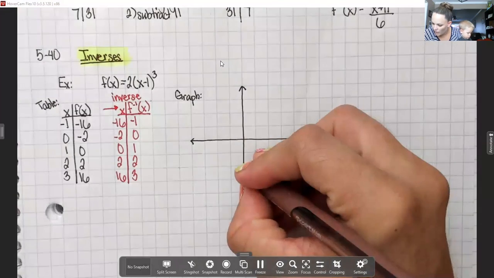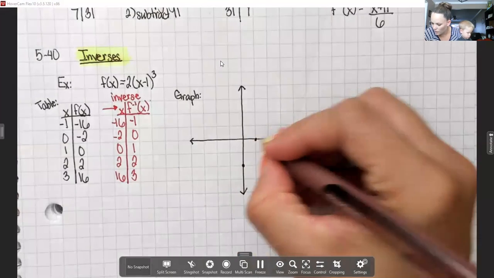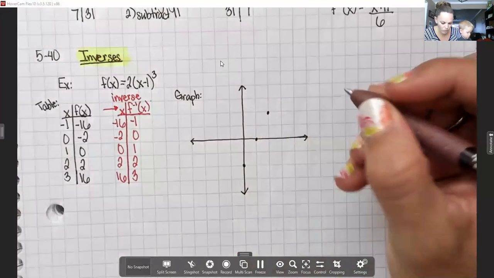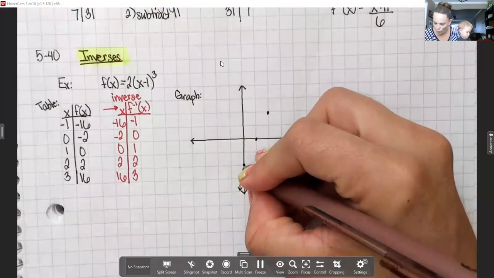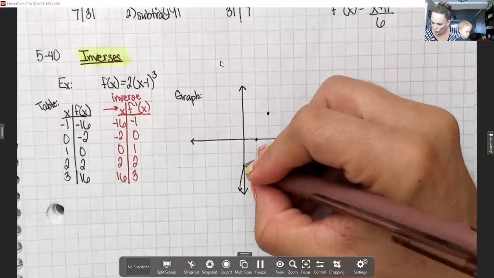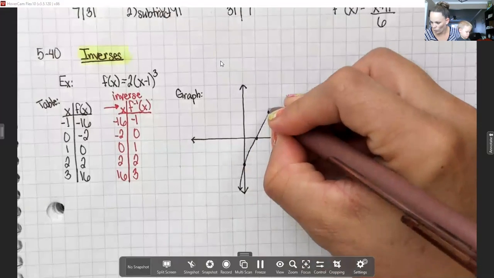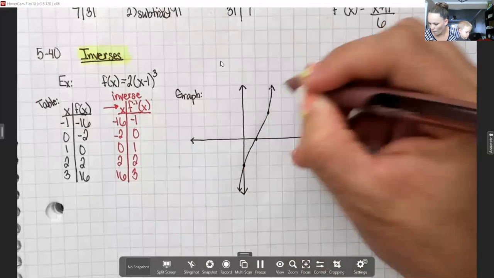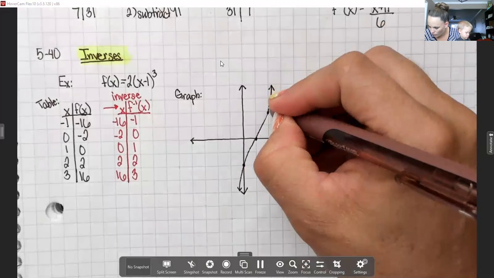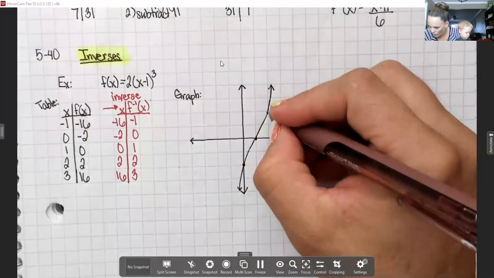So 0, -2, 1, 0, 2, 2. These should be curved.